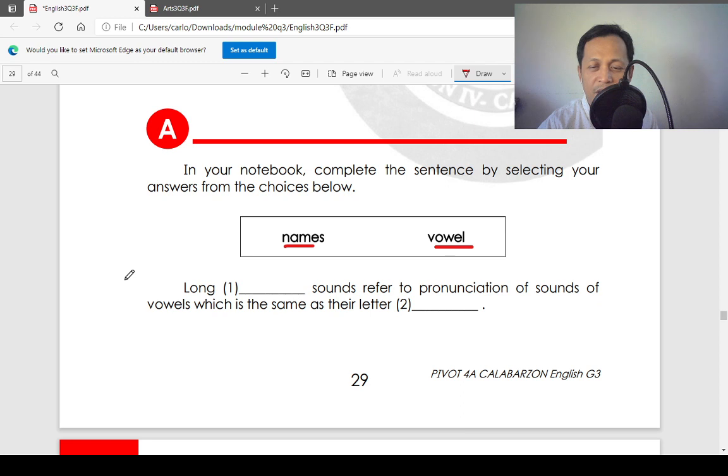The sentence goes like this: Long blank sounds refers to the pronunciation of sounds of vowels which are the same as their letter blank.